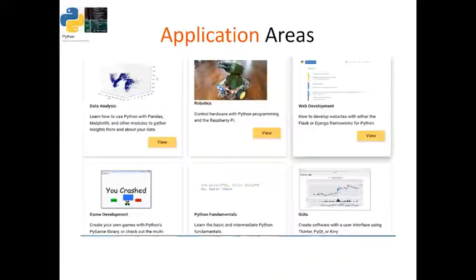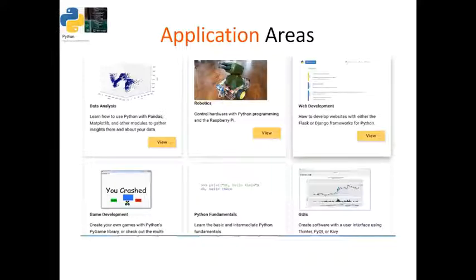The normal way is user interface, graphical, whereas console user interface is CUI. CUI stands for character user interface, GUI stands for graphical user interface. Okay, so these are the different application areas in which the Python language is used.